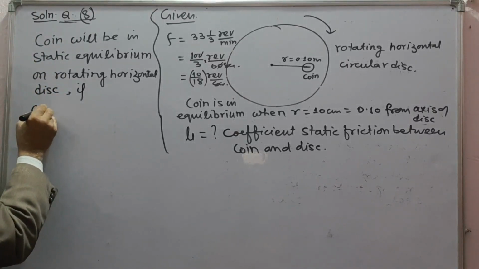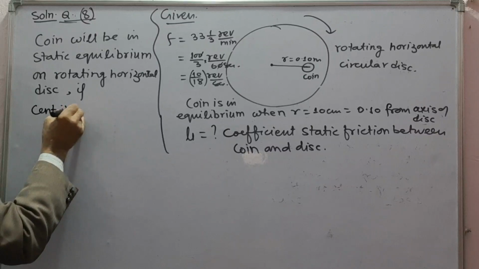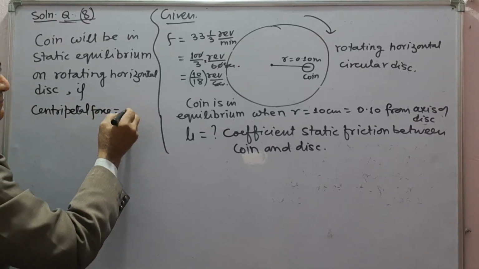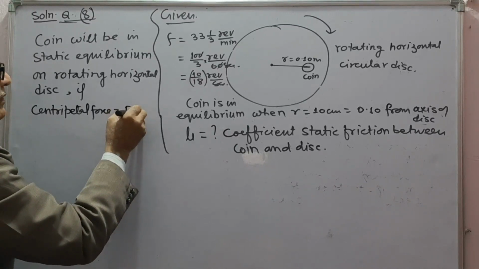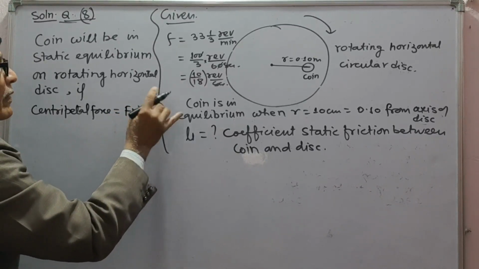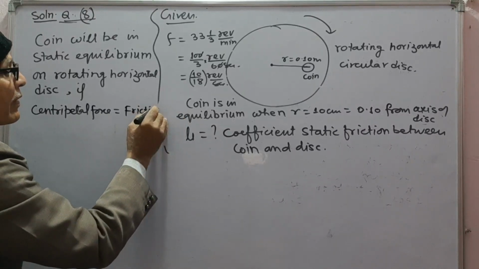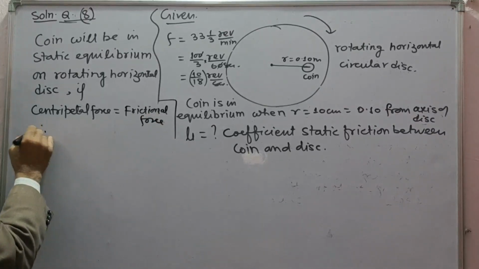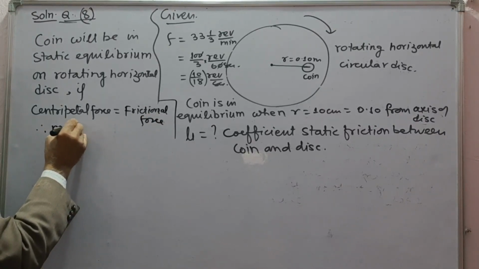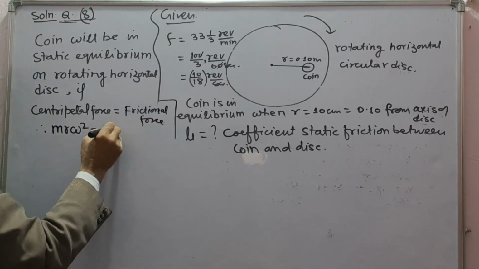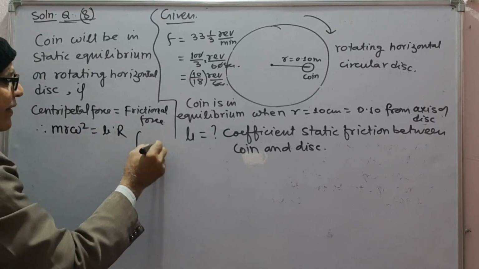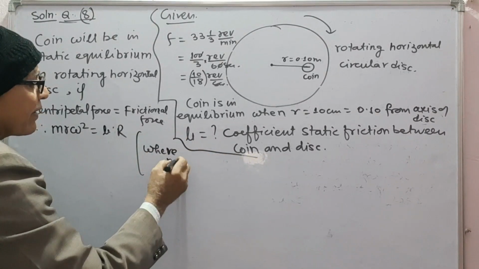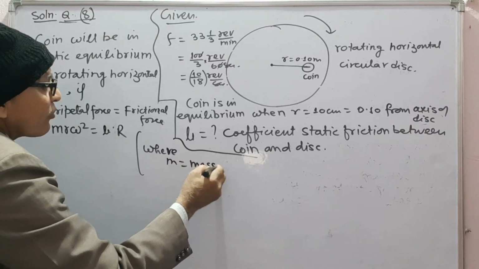If centripetal force is equal to frictional force, that is m r omega square is equal to mu into R, where m is mass of coin.